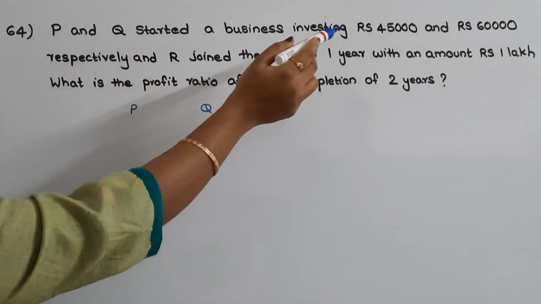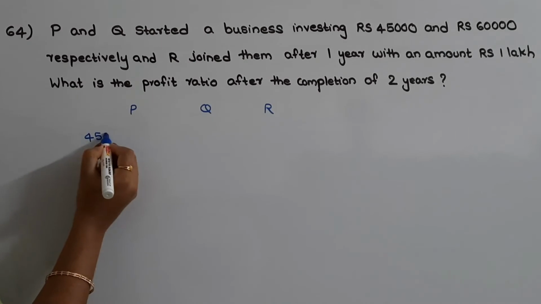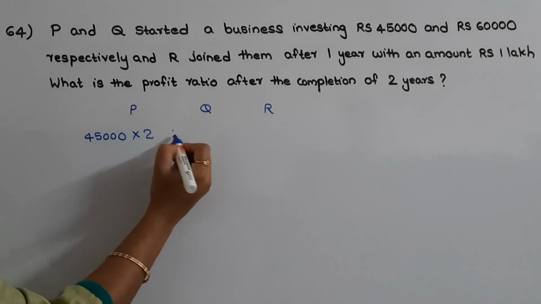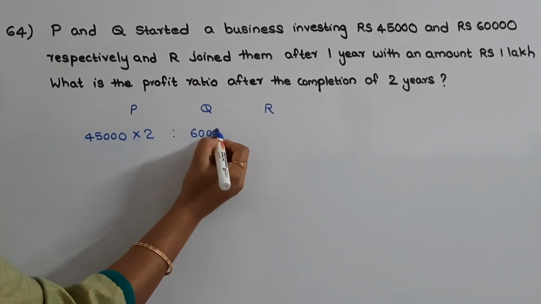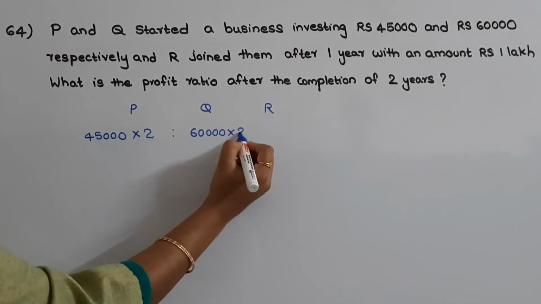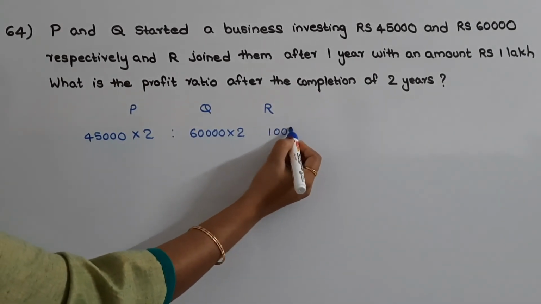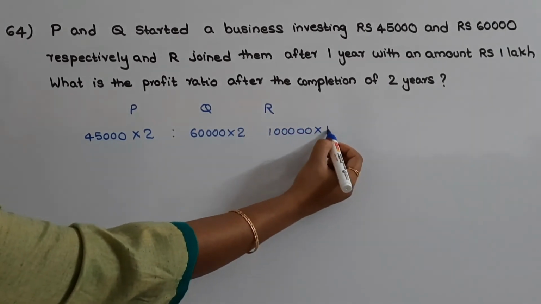First we need to write down the money invested by P, that is 45,000, and he invested the money for 2 years. Is to money invested by Q is 60,000 into he invested for 2 years, and the money invested by R is 1 lakh, and the time period for which he invested is 1 year.